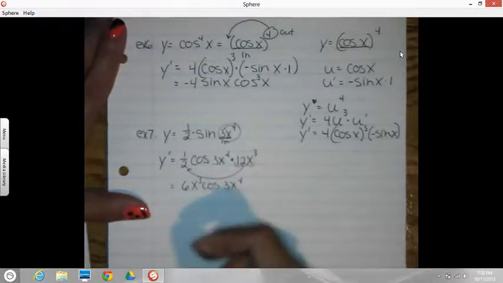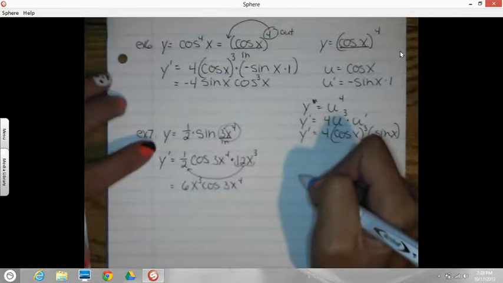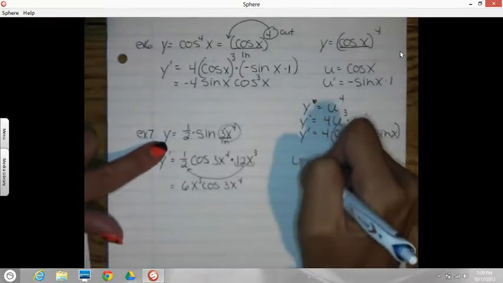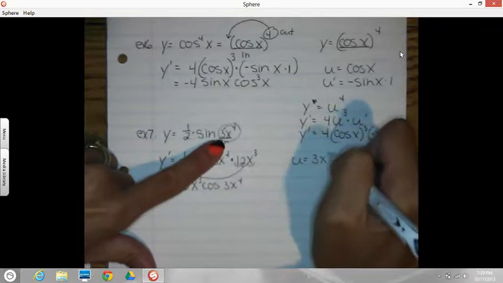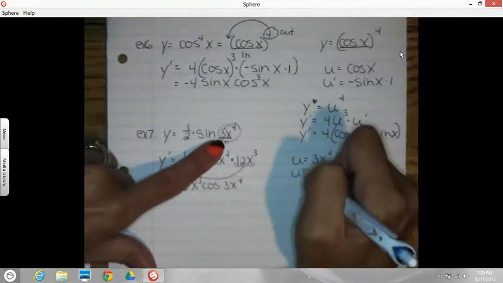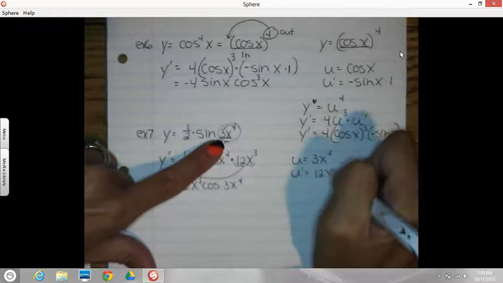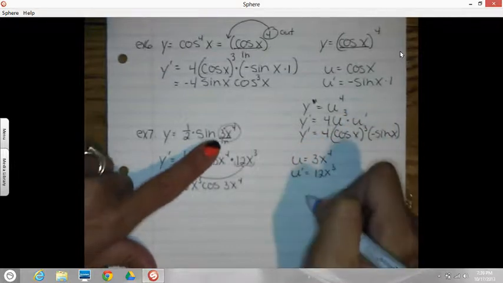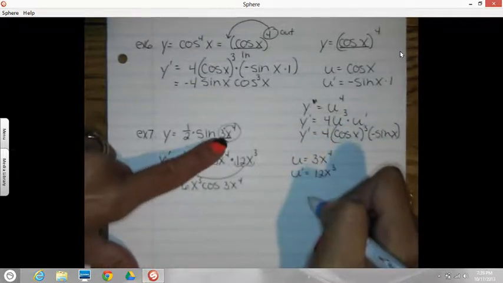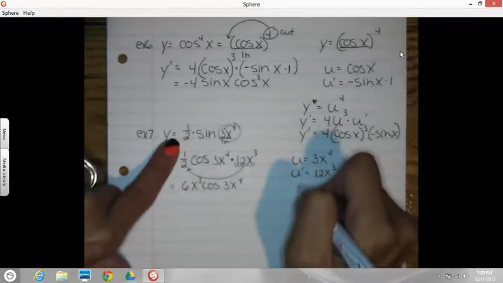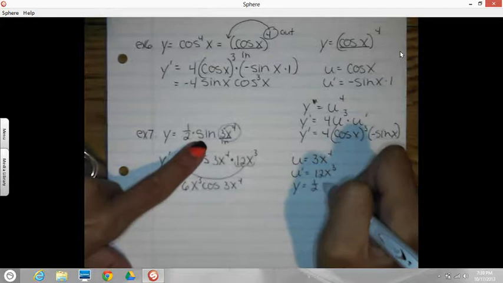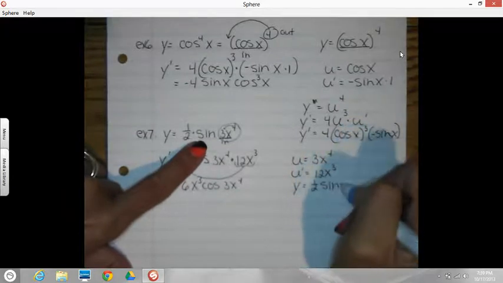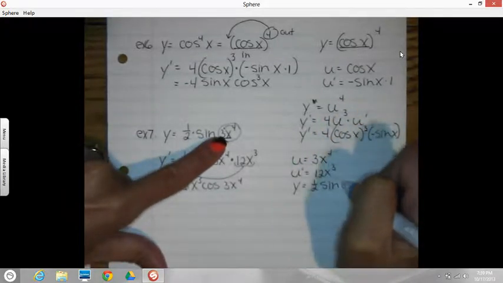Okay, fast forward to the next one if you like. Otherwise, I'm going to let u equal the inside. The inside was just 3x to the 4th. U prime is going to be 12x cubed. So I'm going to rewrite this with u's in it instead of x's. So y equals 1/2 sine u, where the 3x to the 4th was my u.